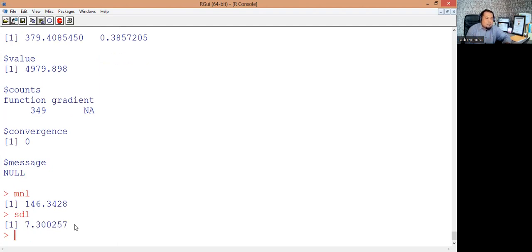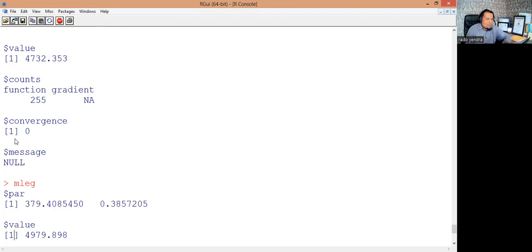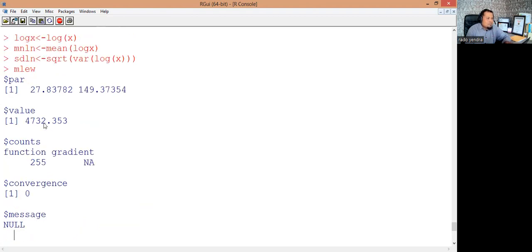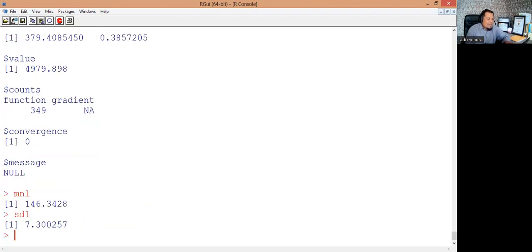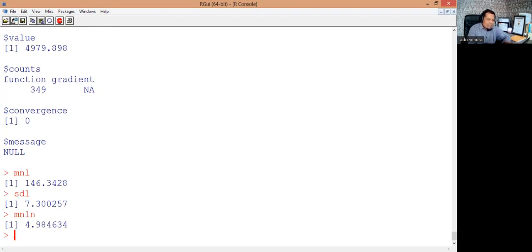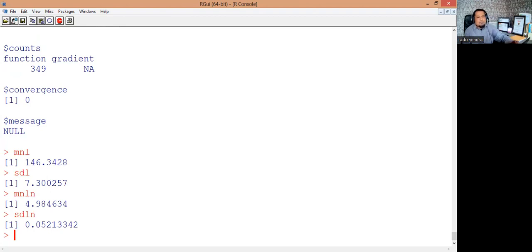Then for the parameters of the log normal distribution, we type MNLN, and for the standard deviation, DLN. After we succeed in estimating the parameters for the four models, we run our program to make the comparison using the density plot.